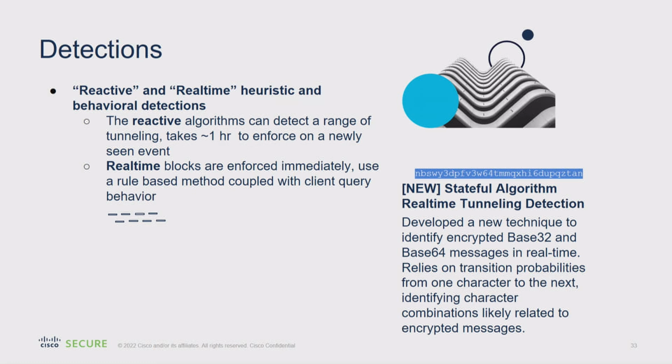So you can use three different approaches, right? One approach is what we call the reactive. So you collect the logs from your recursive DNS resolver or any other means that you like more to use, and then you run a series of algorithms that will detect which domains are more or less likely to be DNS tunneling.